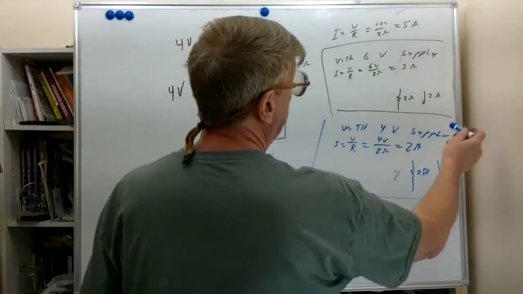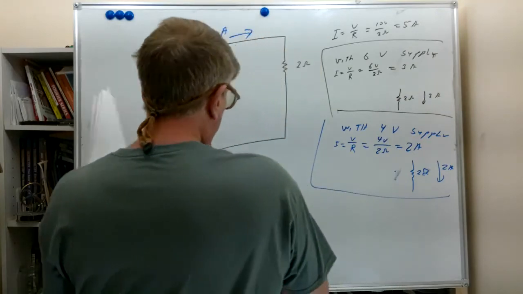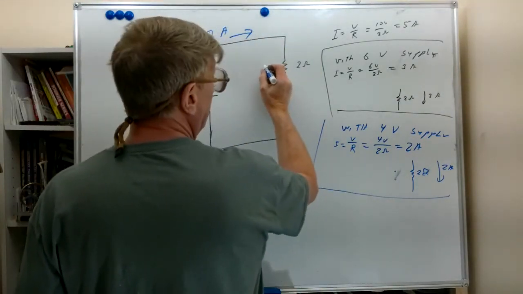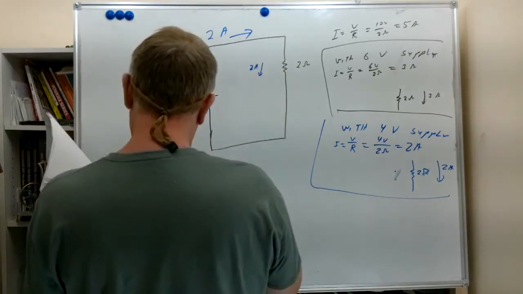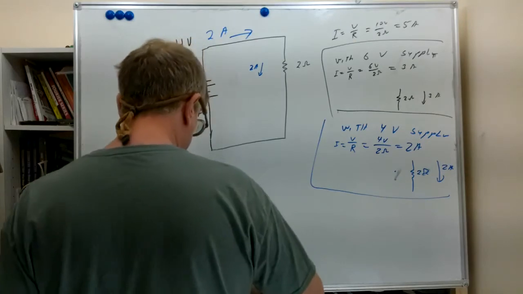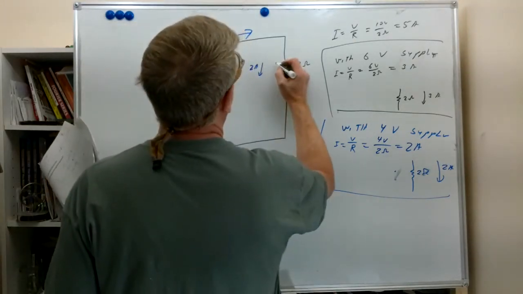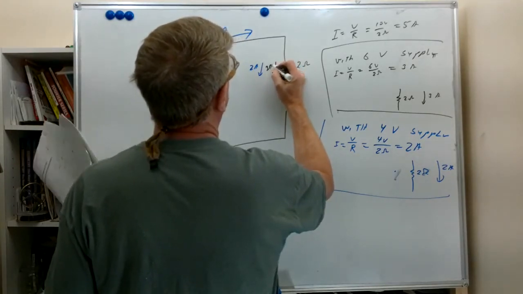We have 2 amps, but you may notice that 3 amps plus 2 amps equals 5 amps. So I'm going to draw a couple of arrows. I'm going to draw the 2 amp current flow, in the same direction. And another arrow, which has 3 amps from the other circuit.